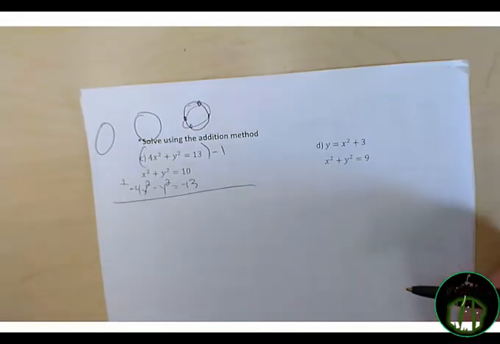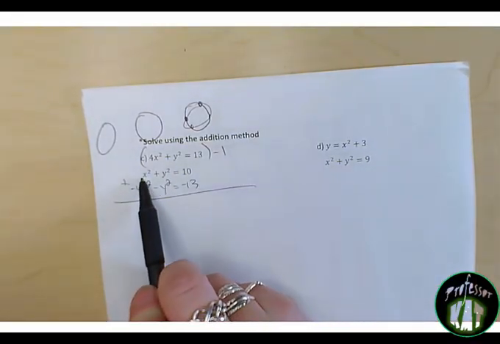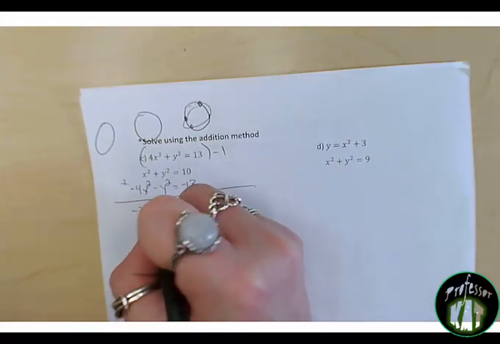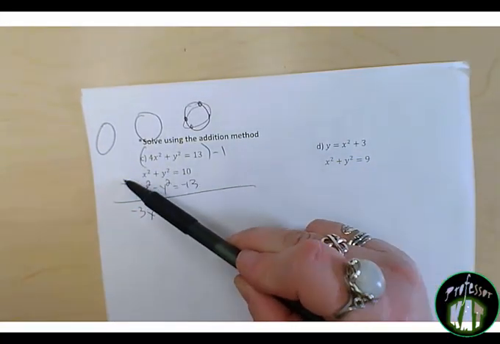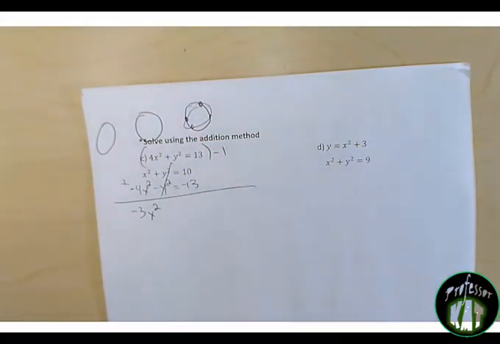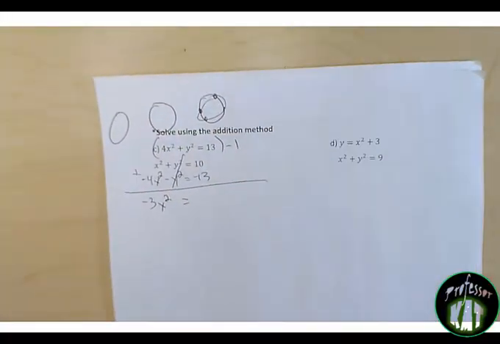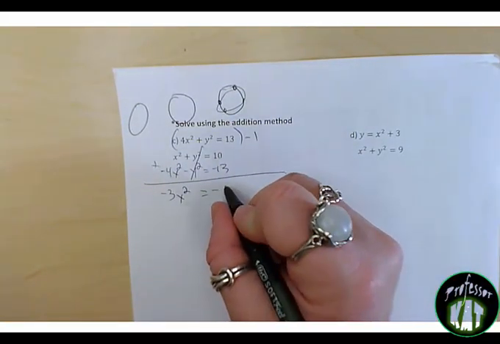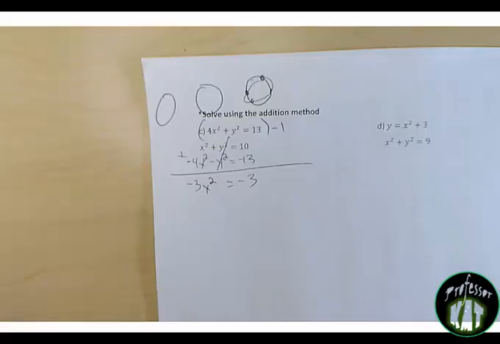Add it to the other equation. 1x squared plus -4x squared is -3x squared. y squared plus -y squared is 0. That eliminates, that cancels. That's exactly what we want. 10 plus -13 is -3.